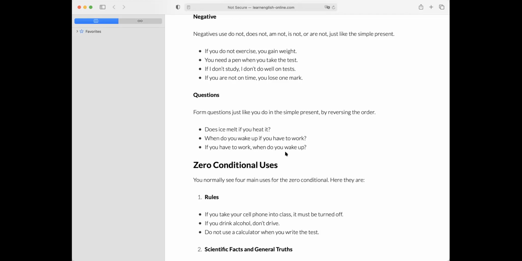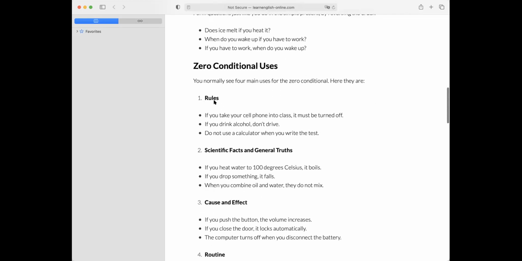Entonces podemos comenzar una pregunta utilizando la if clause, coma, y luego vamos a convertir la segunda oración en una pregunta, o también podemos utilizar la primera estructura de la primera oración, convertirla en una question, y luego utilizamos la if clause without comma, ¿ok?